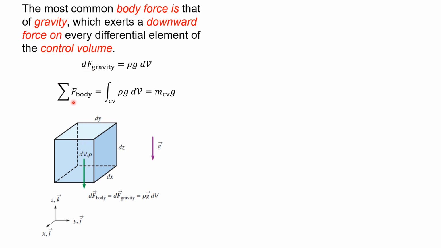These are some of the formulas. The force of gravity we can calculate based on rho g dV, the changes in the volume. So we can find the changes in the gravitational force, F body. If we integrate it, we will get the mass of the control volume times gravity.